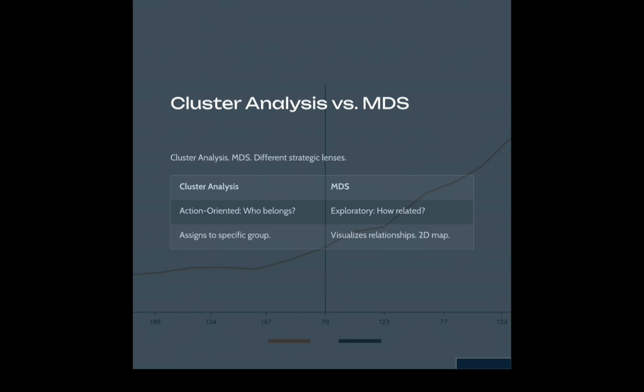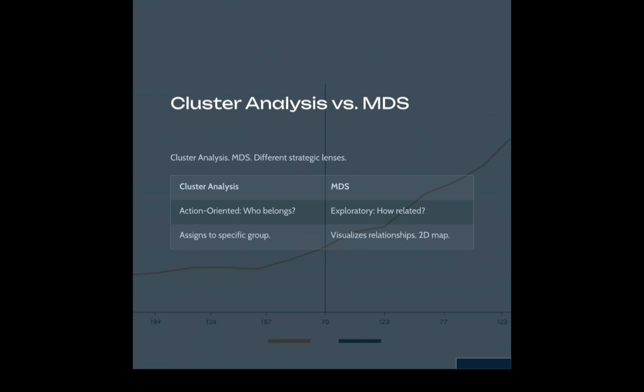In contrast, MDS answers the question how similar or different are customers or brands relative to each other. It represents these similarities in a visual map, typically using a two-dimension scale. From a managerial perspective, cluster analysis is action oriented as it produces clear segments that support targeting and personalization.